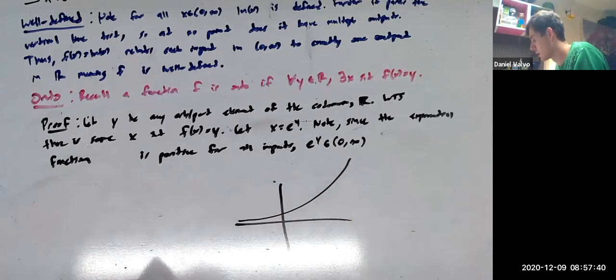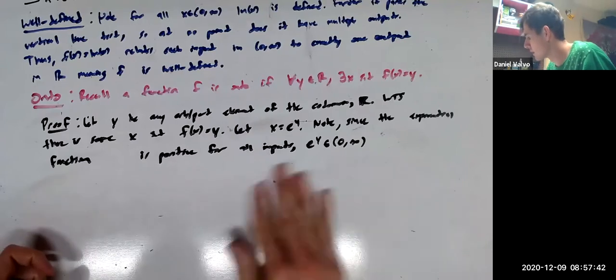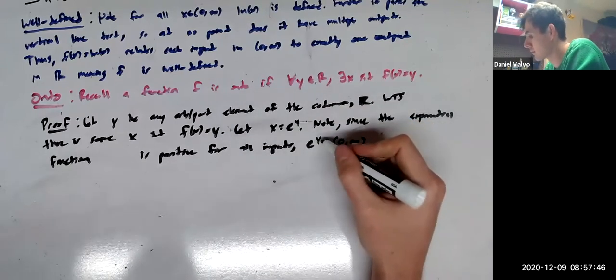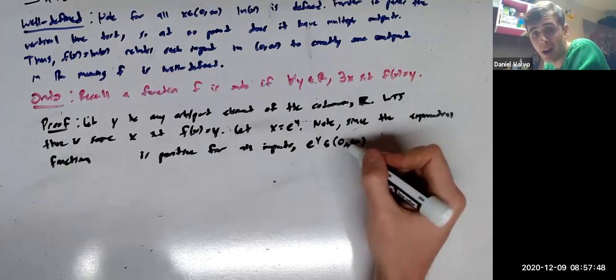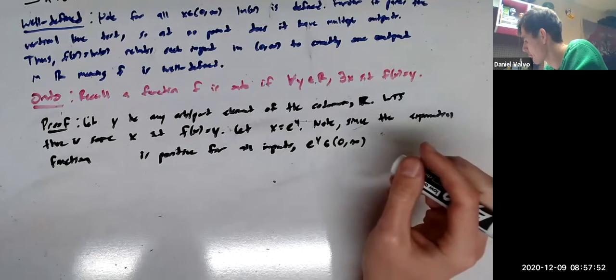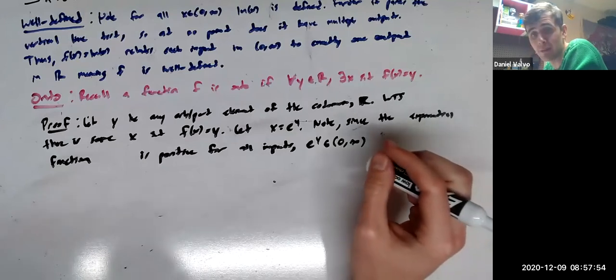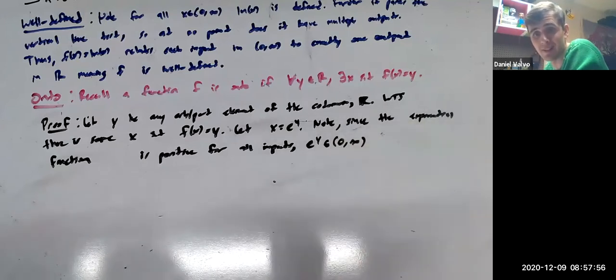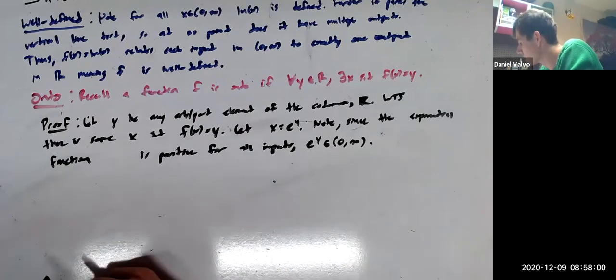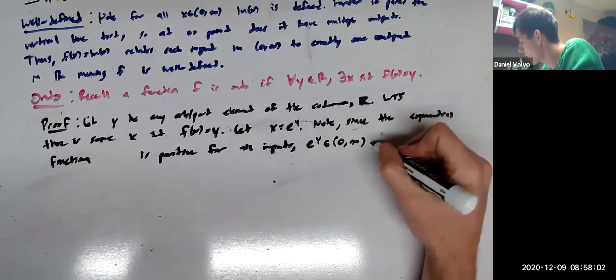It's always positive. Since the exponential function is always positive for all inputs, it doesn't matter what y is. For this arbitrary y, e to the y is still going to be positive. The point is e raised to anything is positive, so e to the y is positive. Anyway, so e to the y is in (0, infinity), which is the domain.